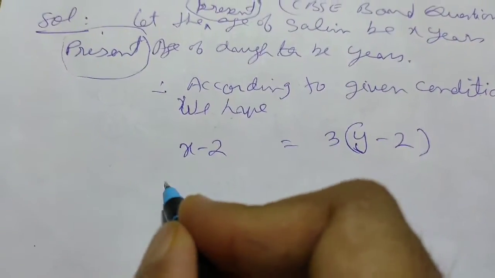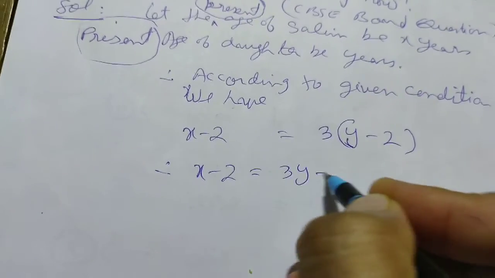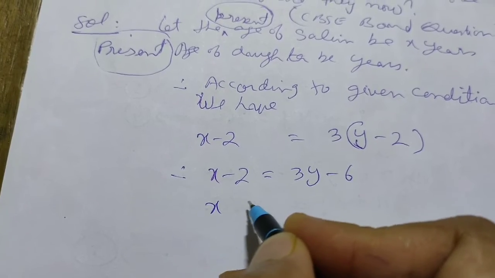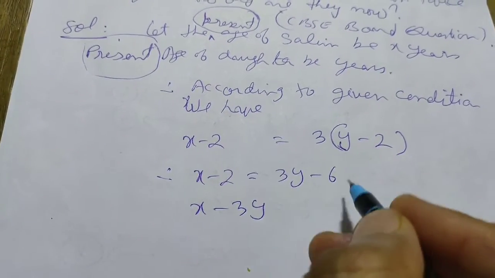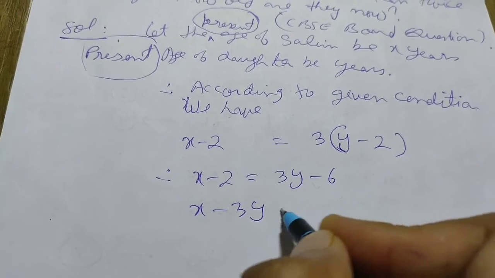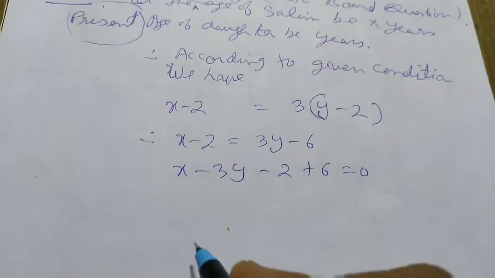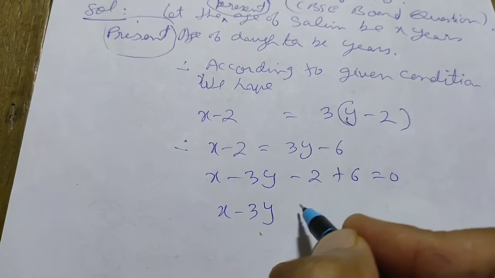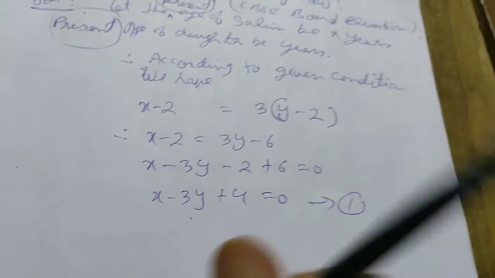We will simplify it. Therefore x minus 2 equal to 3y minus 6. On simplifying this will give us x minus 3y, and we can take this minus 2 this side, so we will get minus 2 plus 6 equal to 0, or we can get x minus 3y plus 4 equal to 0. Give it as equation number 1.